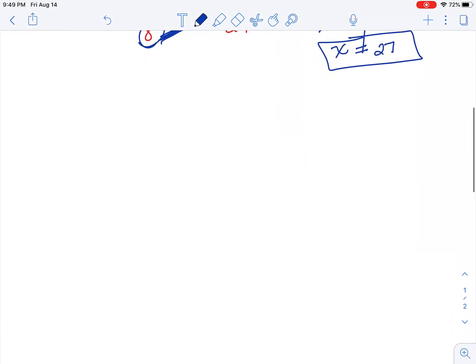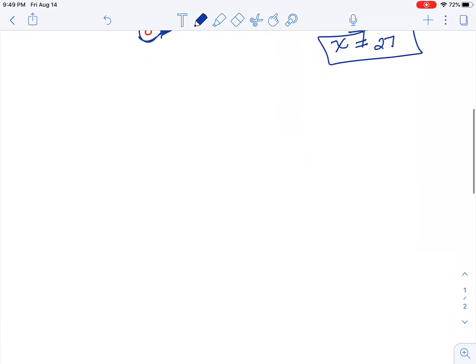Let's do another one. x over 4. See, the x can be on this side. It ain't going to hurt you. Equals 8 over 16. Okay, so what do we know?